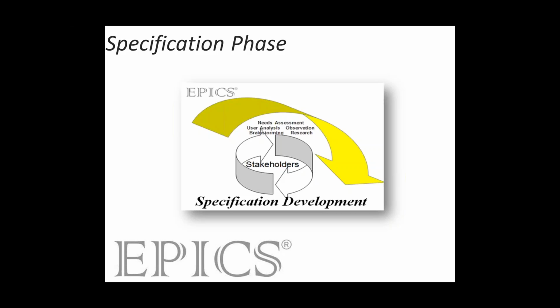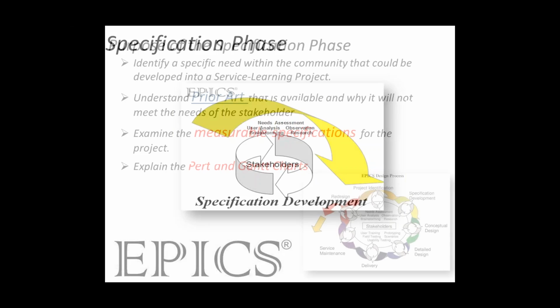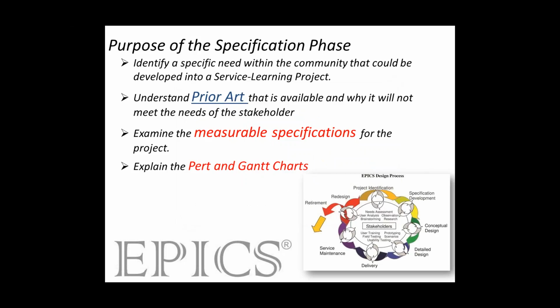It's not about how they're going to get it done, it's what they have identified as a problem. In this phase, they're again looking at the best use of time to develop their service learning project.